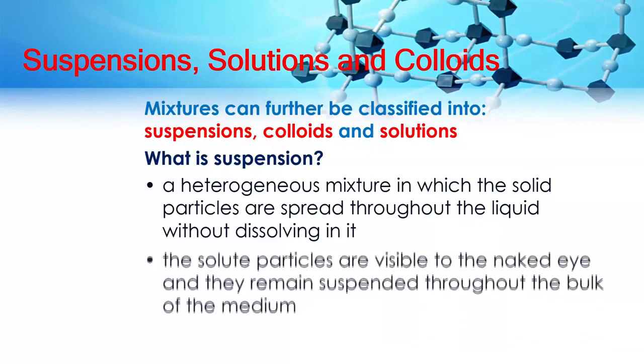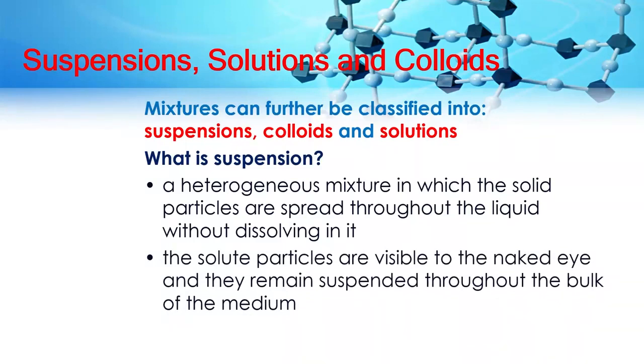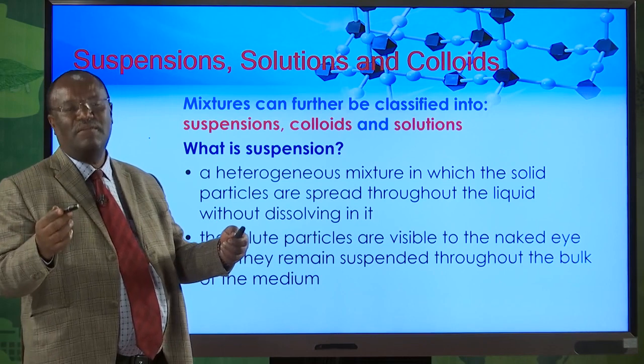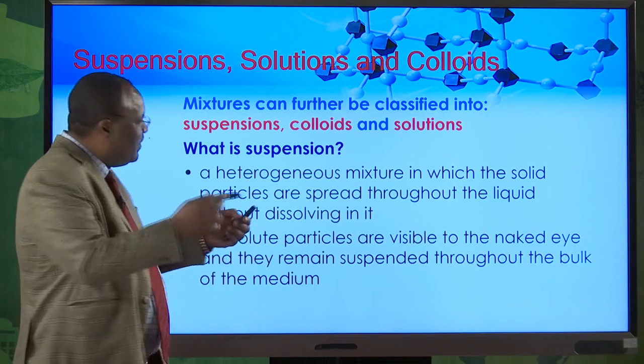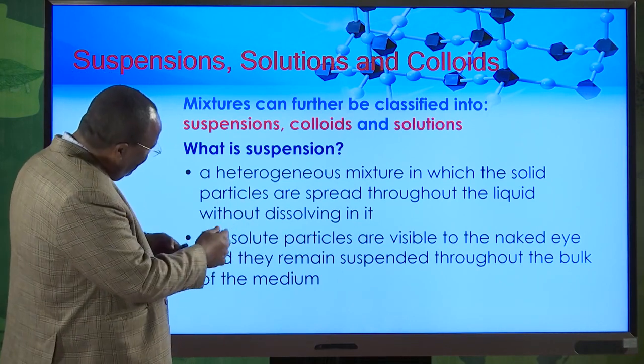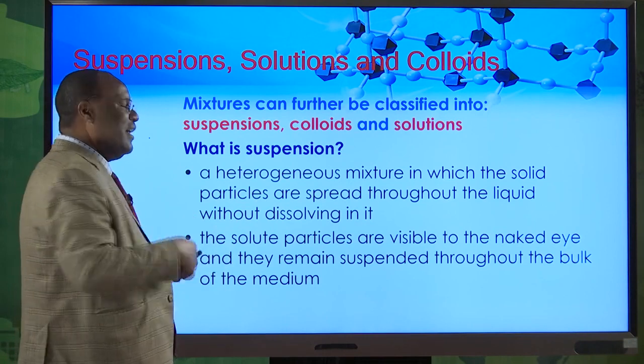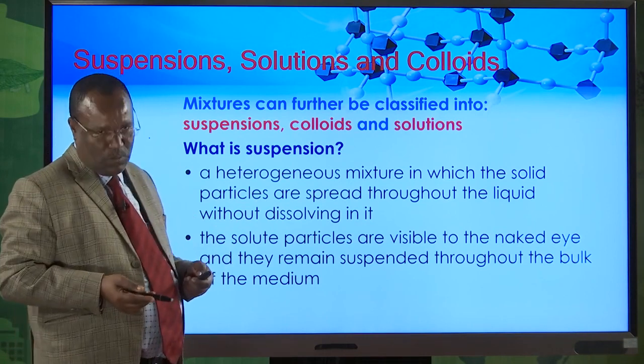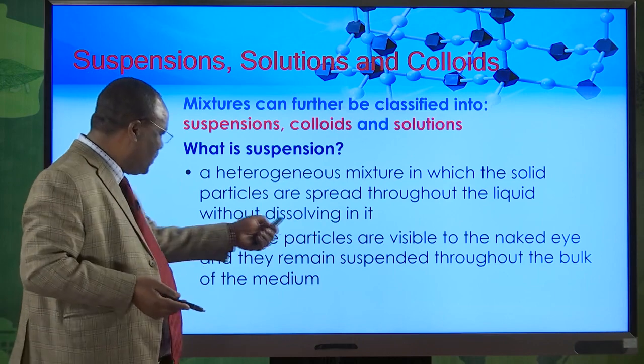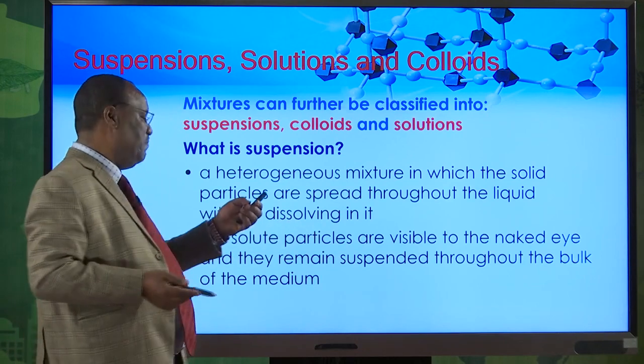The solid particles are visible to the naked eye. If solid particles are seen with the naked eye, that kind of mixture is said to be a suspension. They remain suspended throughout the bulk of the medium.